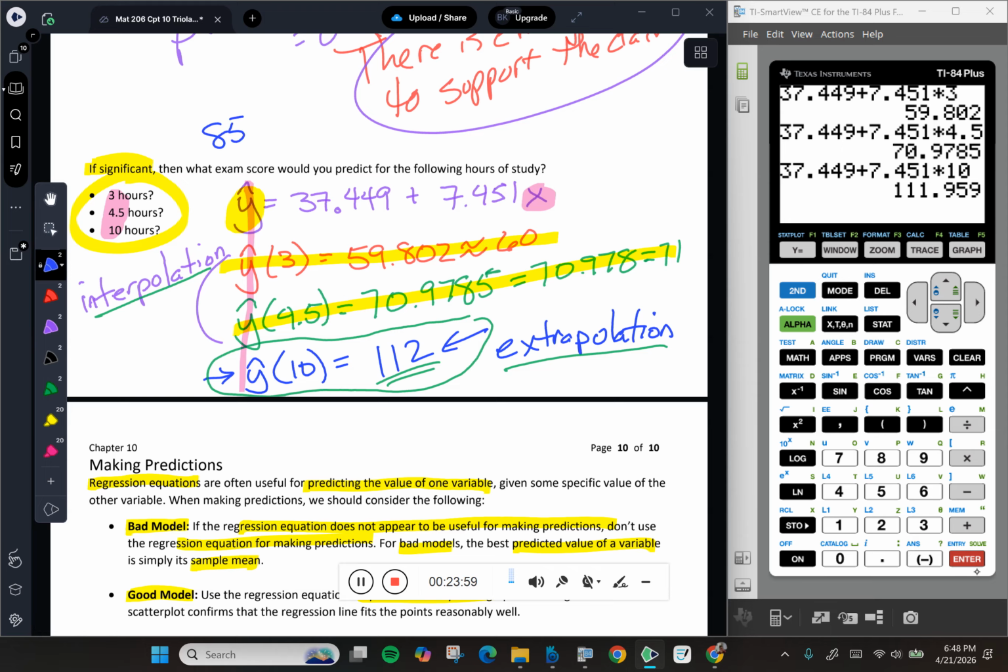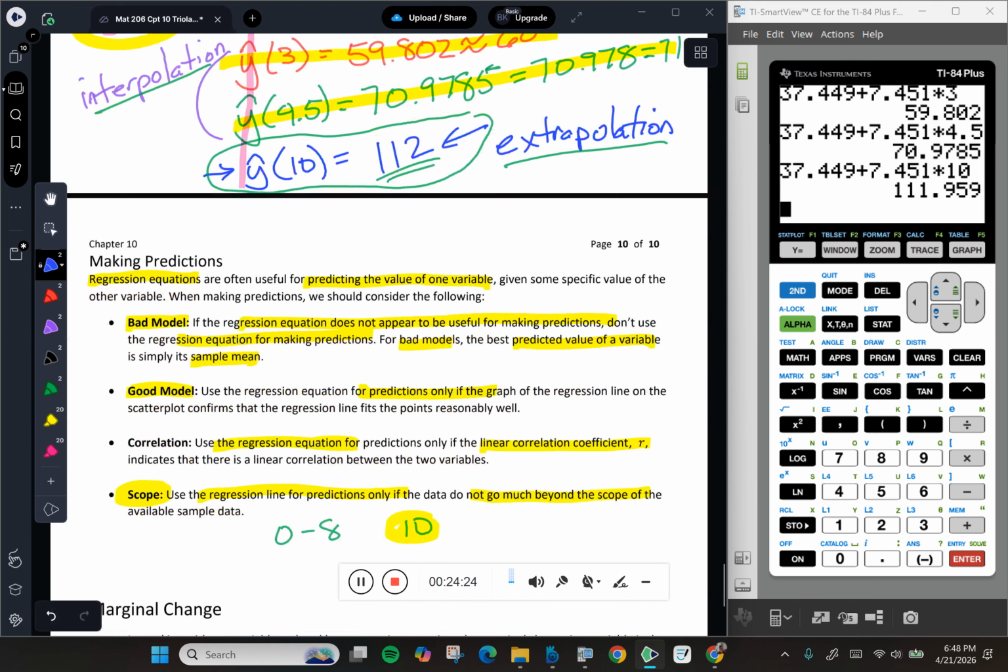Could I put an 85 in for Y hat and then solve for X to know how many hours to study? The algebra doesn't care. It just says if you know one variable, you can find the other. So we definitely could. All of our examples here were: here's an X, find a Y, but you can definitely turn this problem on its head and say, here's a Y hat, a predicted value, find me an X.